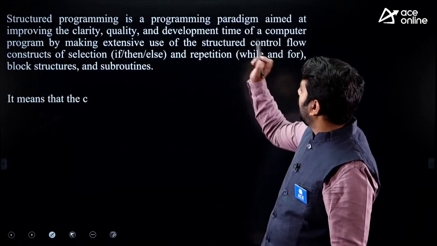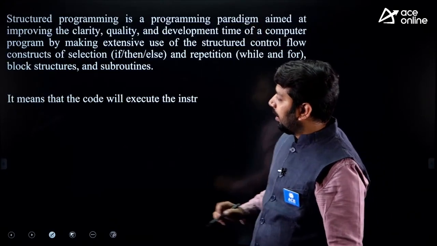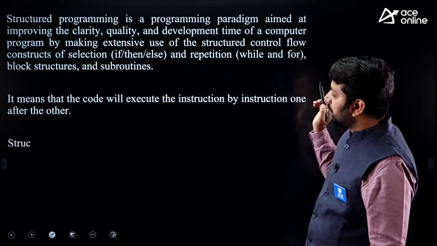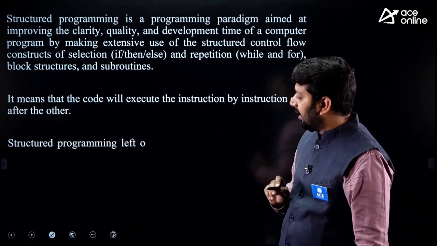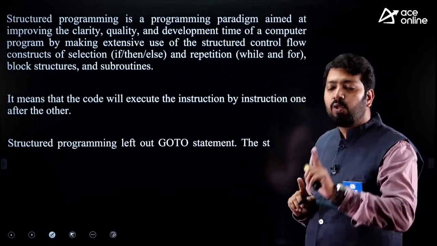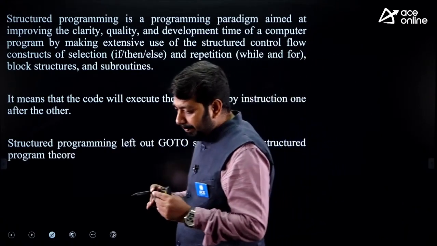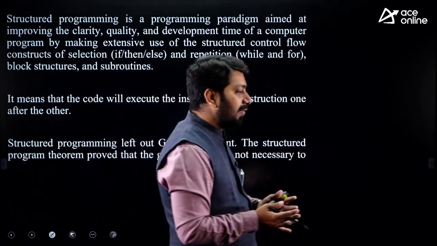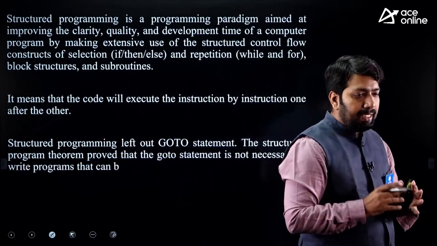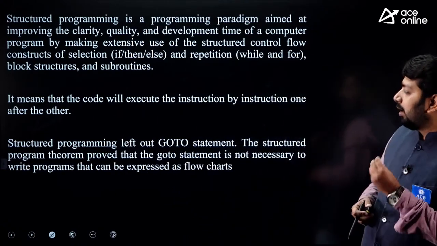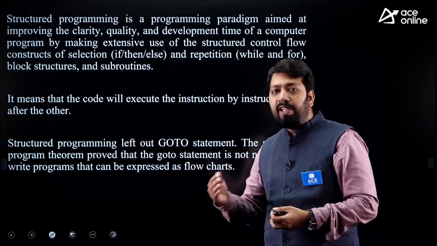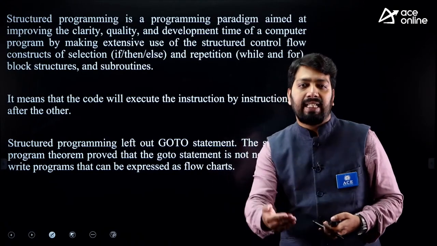So again, we have seen this part. It means that code will execute instruction by instruction, one after another. A structured programming language left out goto. When scientists were preparing the concept of structured programming language, at that time they said we should not take goto, because with goto we could jump to any stage.